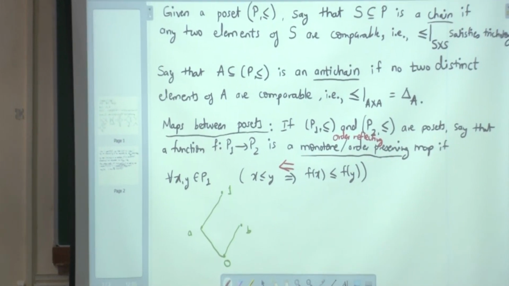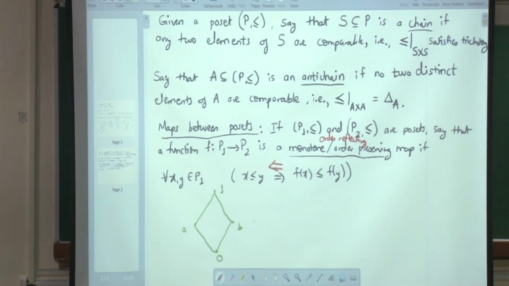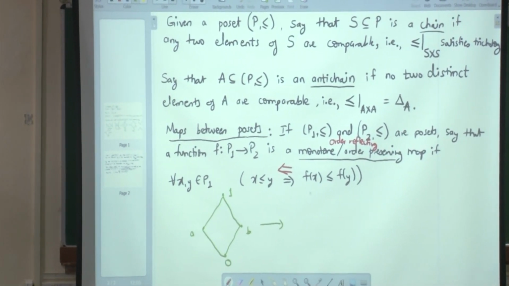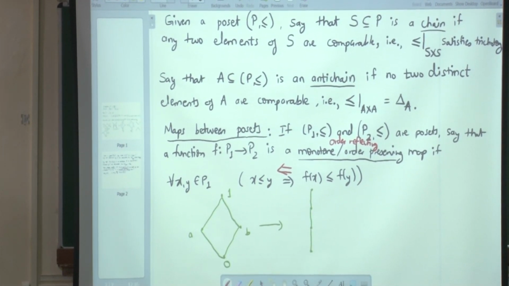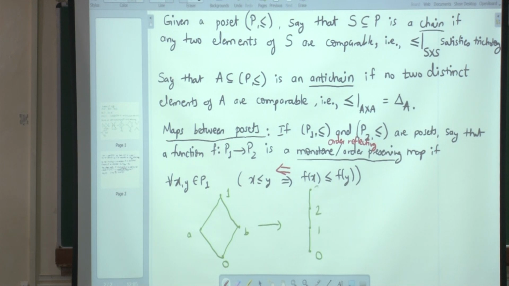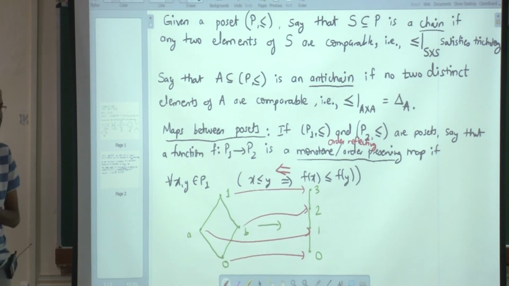I am writing M2. Now M2 to a 4 element chain. Now this is 0, 1, 2, 3. Okay. Now I will describe the map using red color. So 0 maps to 0, A maps to 1, B maps to 2, and 1 maps to 3. Now tell me, is this bijective? Yes, this is a bijective map.